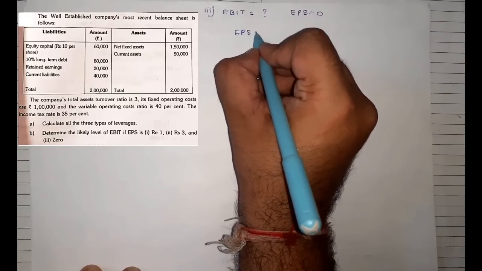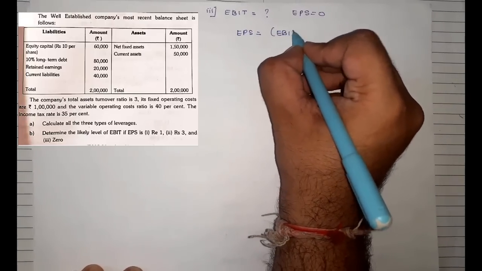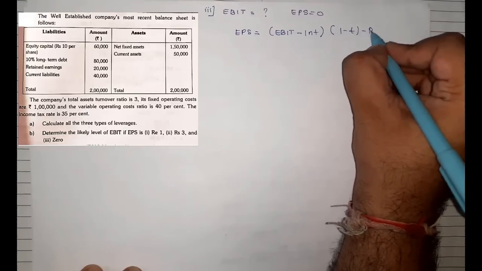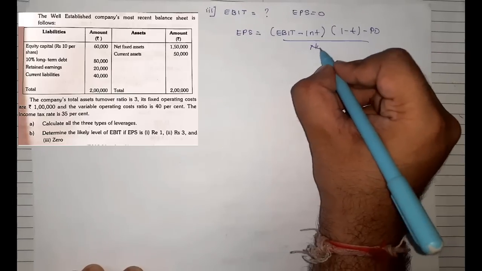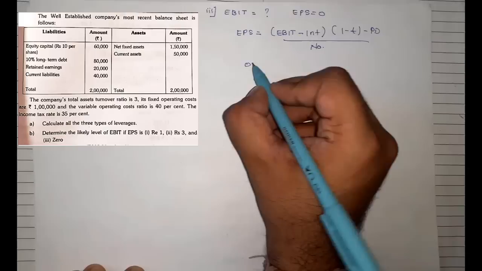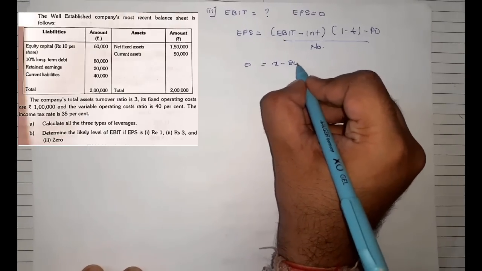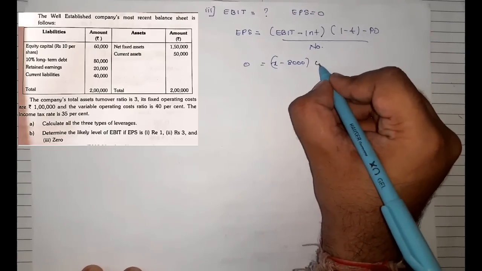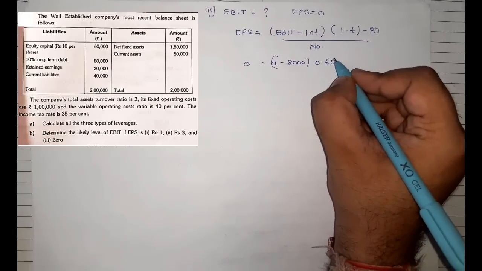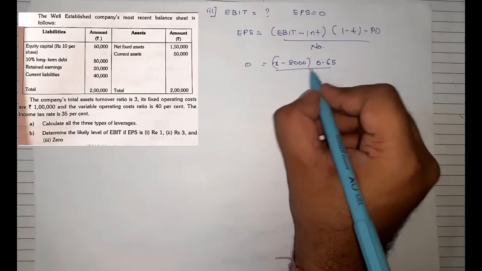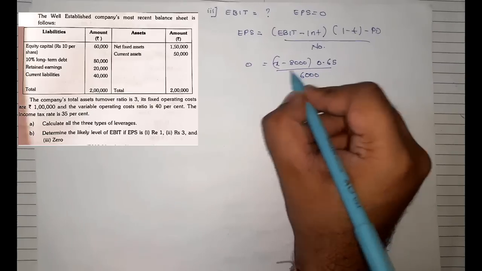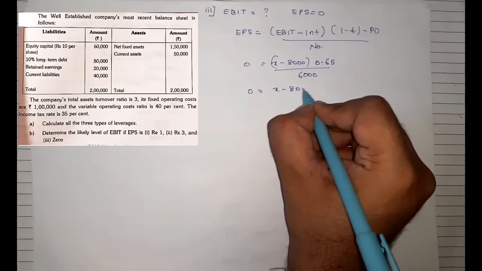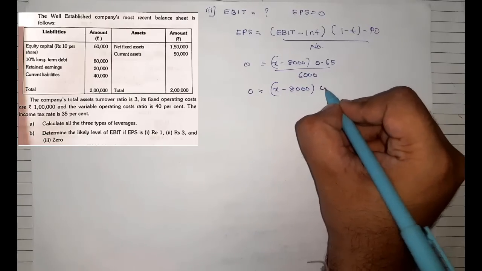Again, EPS is equal to EBIT minus interest into 1 minus tax rate minus preference dividend upon the number of shares. EPS is 0, so it will be x minus 8,000 into 1 minus tax rate, that will again come to 0.65, upon the number of shares, so we had 6,000 shares. Cross multiply, so it will become 0 is equal to x minus 8,000 into 0.65.